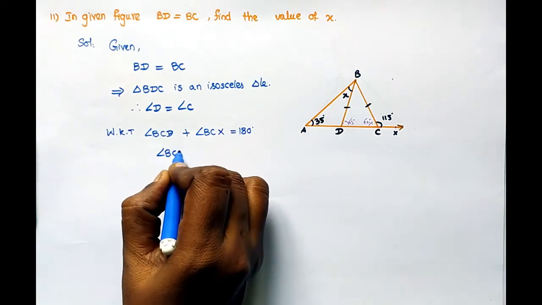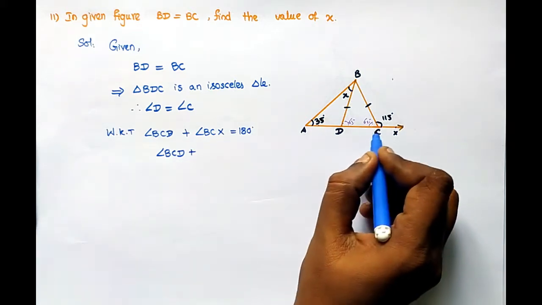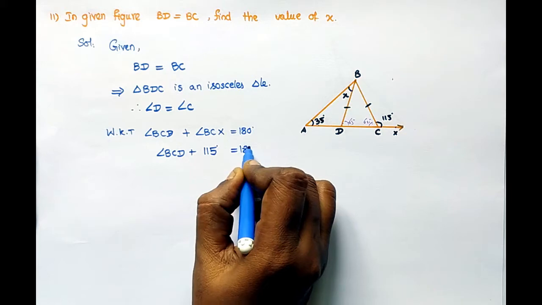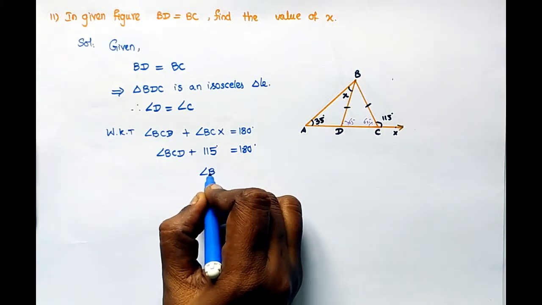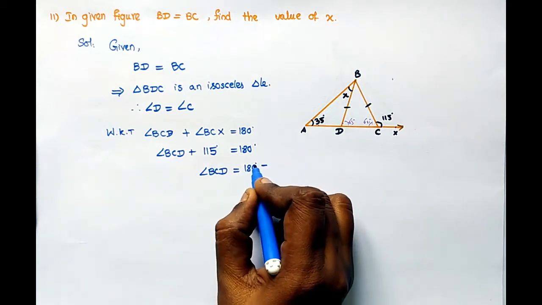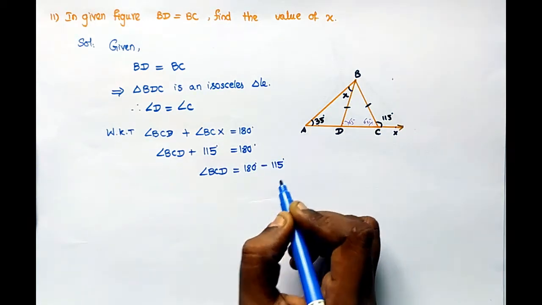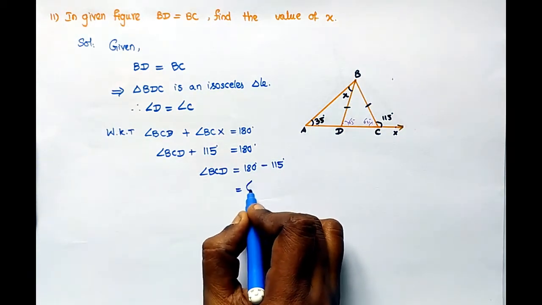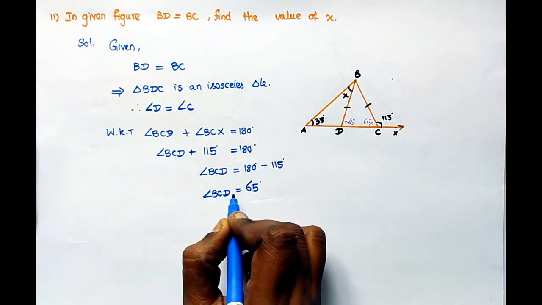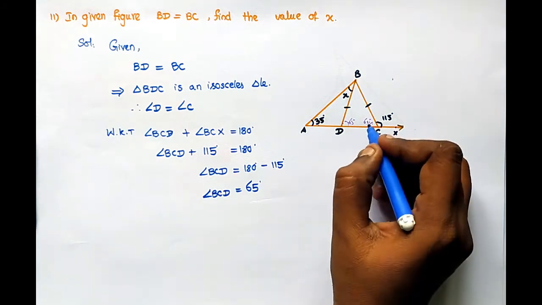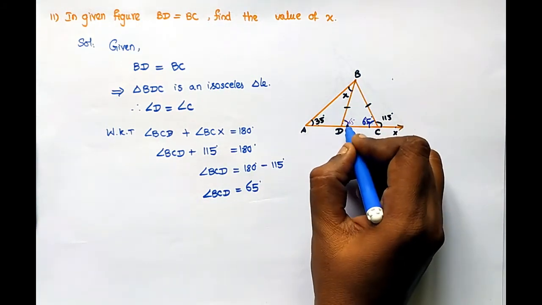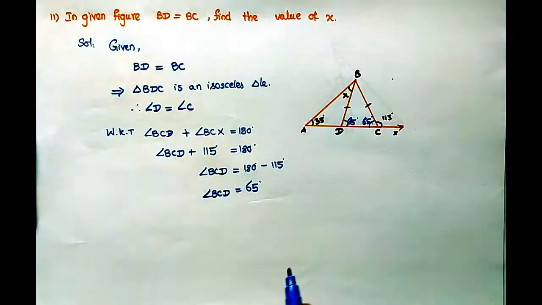Angle BCD we don't know. Angle BCX is 115. So angle BCD equals 180 degrees minus 115 degrees. We get 65 degrees. Angle BCD equals 65 degrees, which means angle D is also 65.